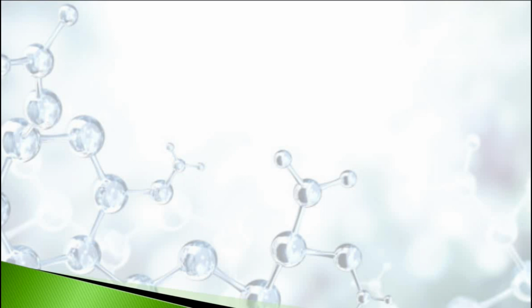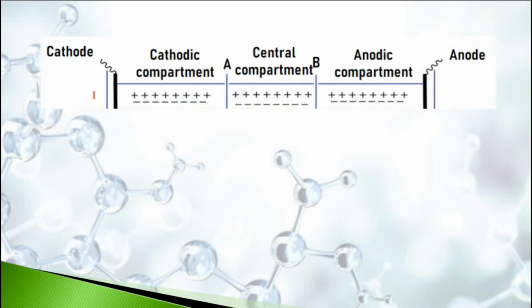Dear students, before going to Hittorf's method, we have to learn one very important aspect of electrolysis. So in this slide, we are going to learn that aspect. Here is an electrolytic vessel. In this vessel, an electrolytic solution is filled and cations and anions present in the solution are marked as pluses and minuses.